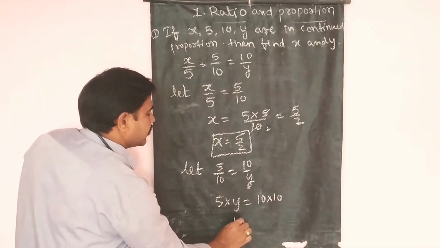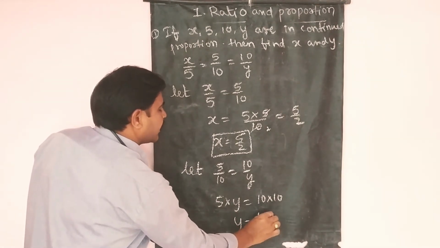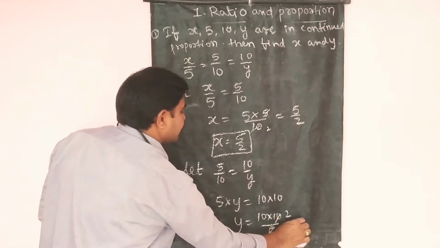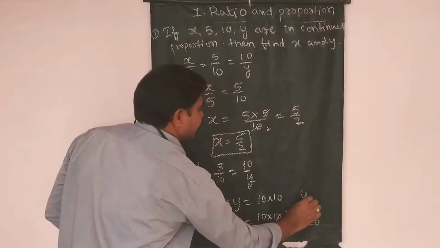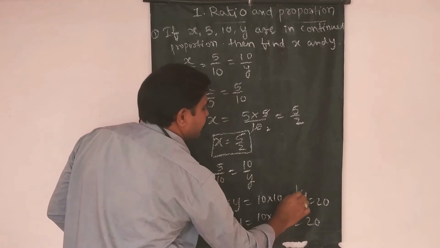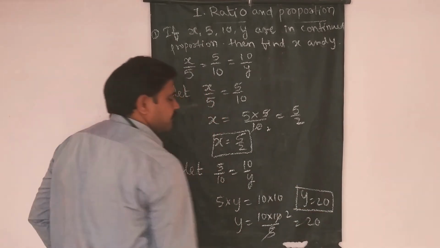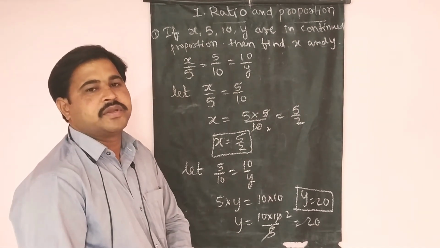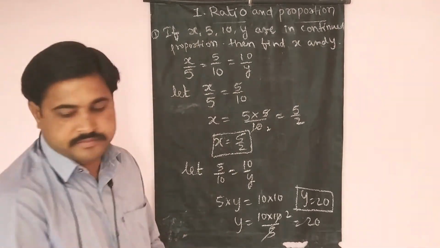Here y is equal to 10 into 10 divided by 5, which is 20. The x value is 5 by 2, y is 20. Next problem.